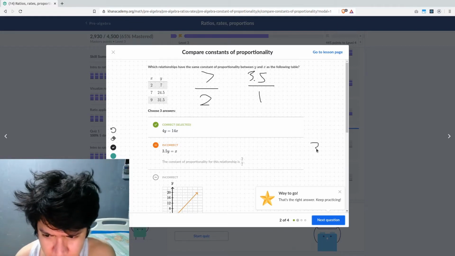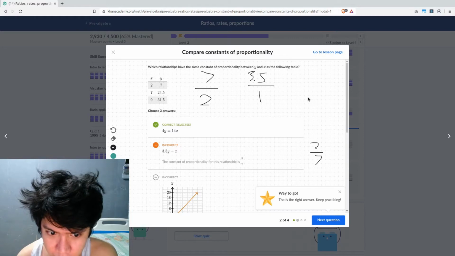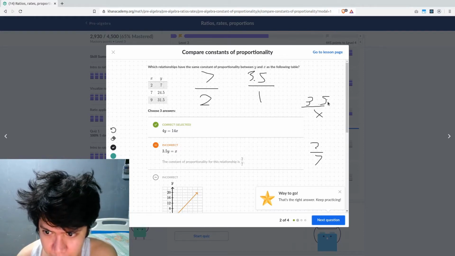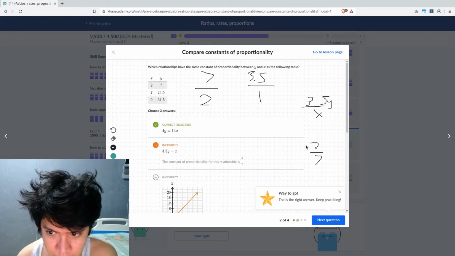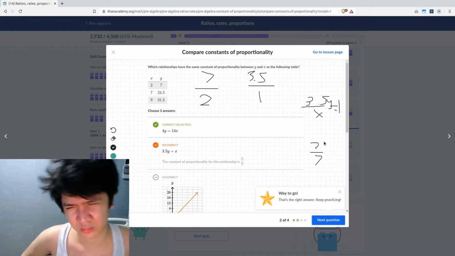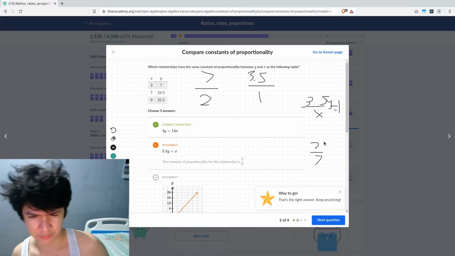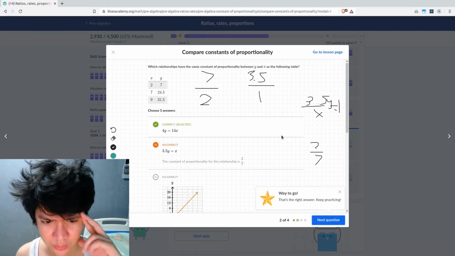Just 2 over 7. I'm so confused right now. Why is that the case? So if we search for it, 3.5 y over x equals 1. Why does this work in that fashion? This is insane.